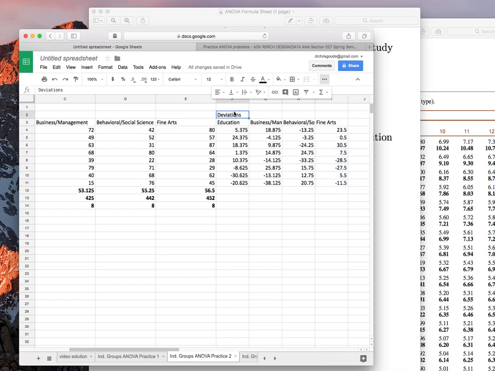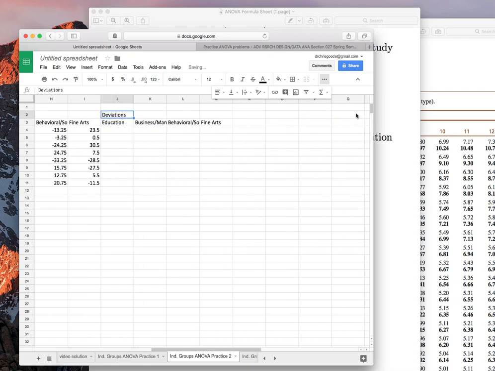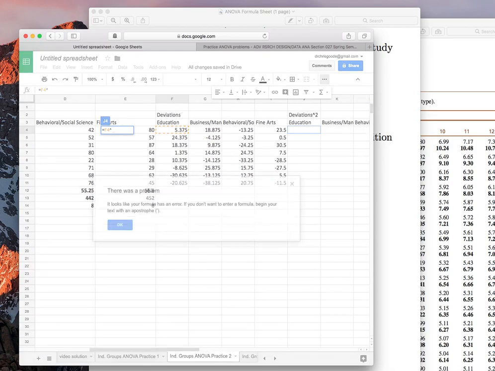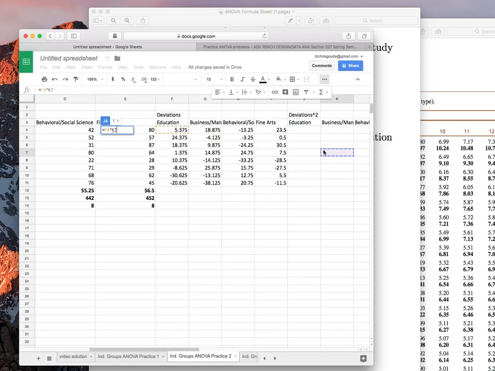Okay, those are deviations. Let's do deviations squared, right? Let's square all these deviations. Education deviation squared.